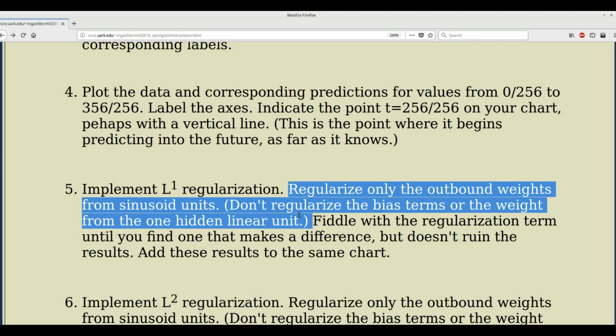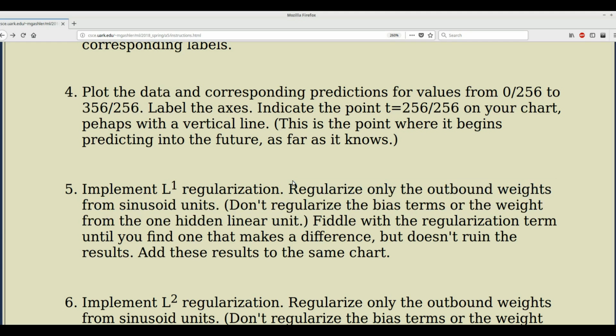We usually just regularize weights, not the bias. Usually you regularize everything, but I have found in this particular data the bias is critical because the values range from like 0 to 10 or 1 to 10 or something like that, and that's a pretty big span. And if you regularize the biases, it crushes it down so that it doesn't fit it well.